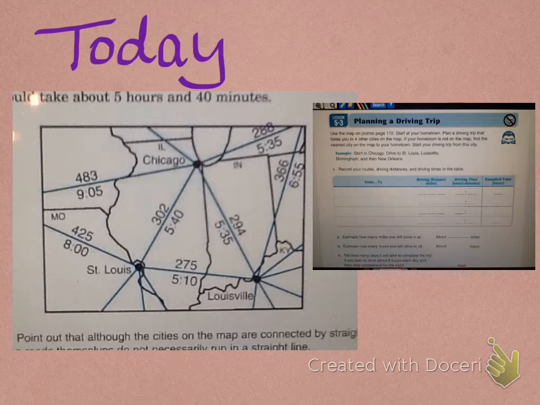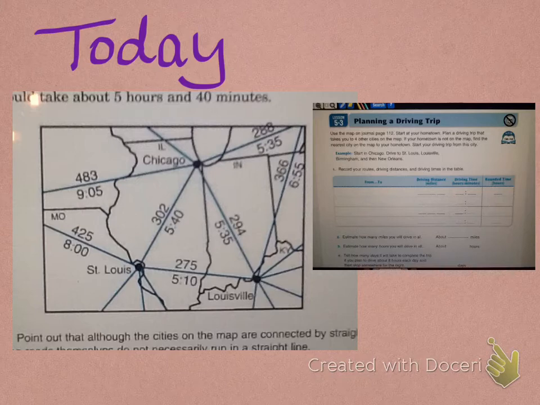Now, how do I use the map picture is probably what you're wondering. In the directions, it's going to ask you to pick some cities, where you're leaving from and where you're going to. You'll notice that we have some lines.